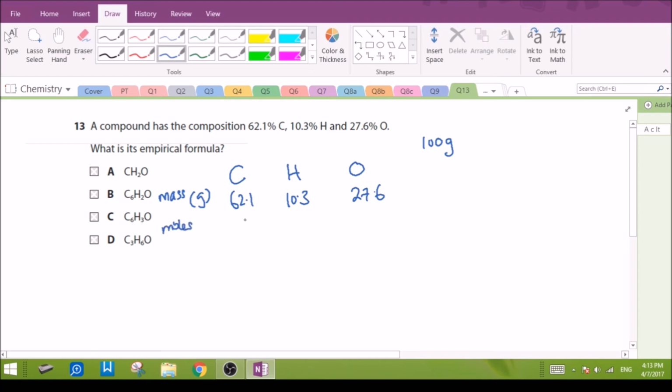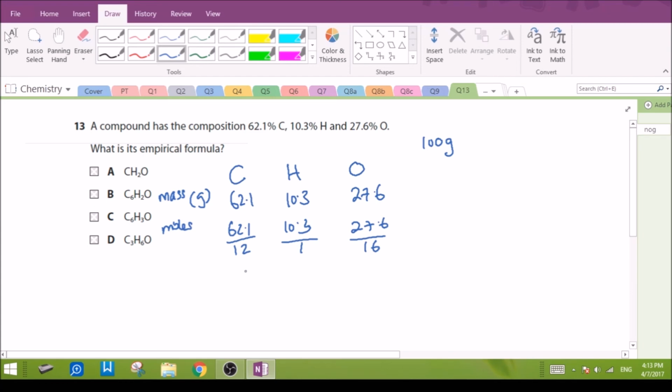We divide by their respective relative atomic masses. 62.1 over 12, 10.3 over 1, 27.6 over 16, right? This being their relative atomic masses.